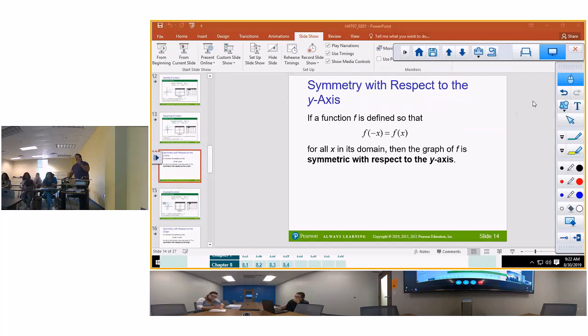If you want to see if a function is symmetric around the y-axis, f of negative x must equal f of x. Write that rule down: f of x is equal to f of negative x. So you plug negative x into the function, and if it comes out the same as the original function, then you know it's symmetric around the y-axis.